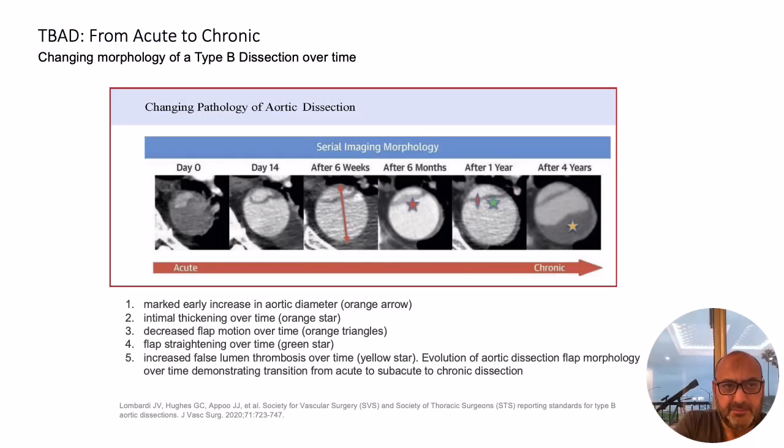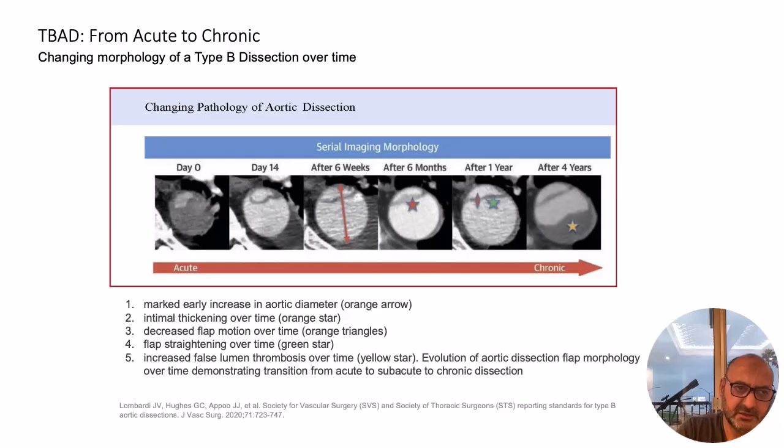If you look at the type B aortic dissection from acute to chronic, the most important thing in the evolution is the septum becomes very thick and the false lumen becomes partially thrombosed. Sometimes people are lucky and it gets completely thrombosed, but nothing changes in the size of the true lumen.